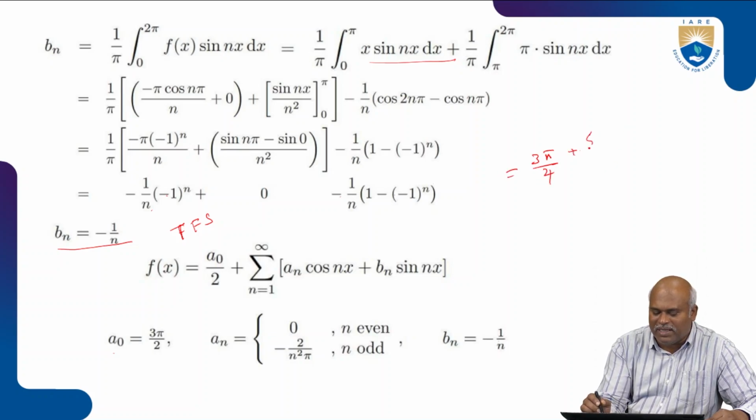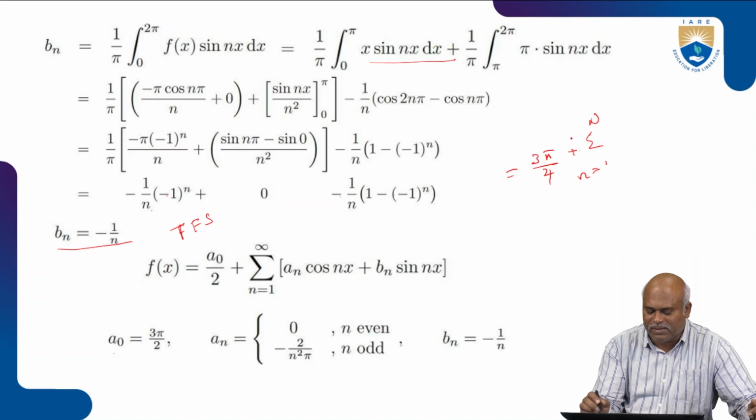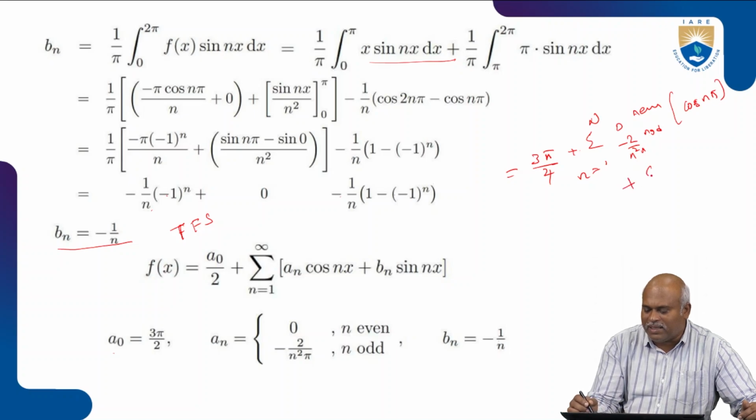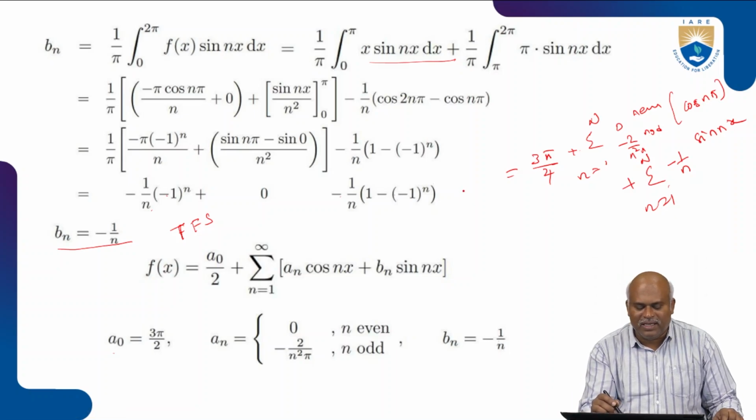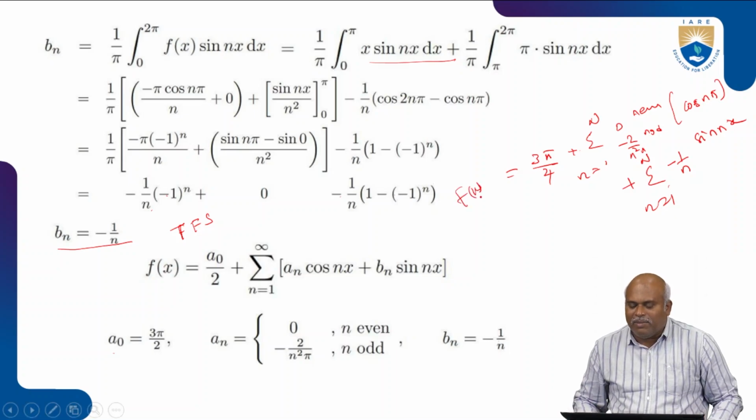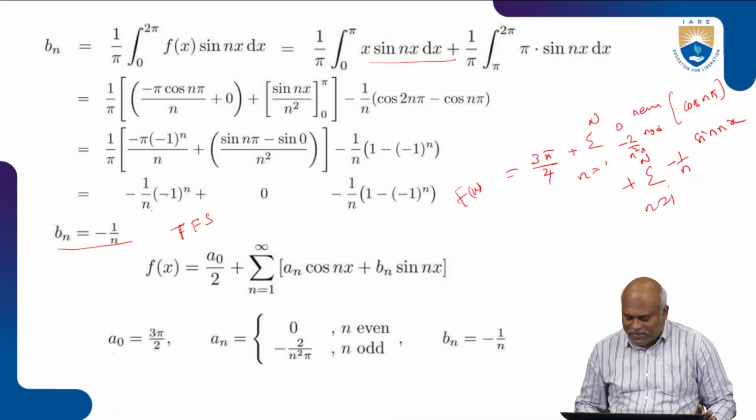Then plus the summation from n equal to 1 to infinity, a n is represented as 0 for n even and minus 2 by n square pi for n odd, multiplied with cos nx, plus the summation from n equal to 1 to infinity of minus 1 by n sin nx. We write. So this is represented as f of x. This is the trigonometric Fourier series of the given sum f of x.